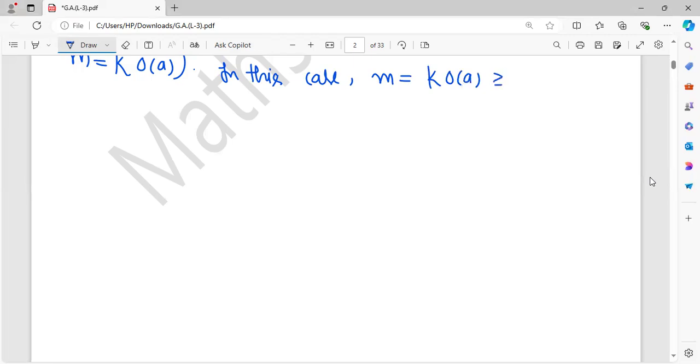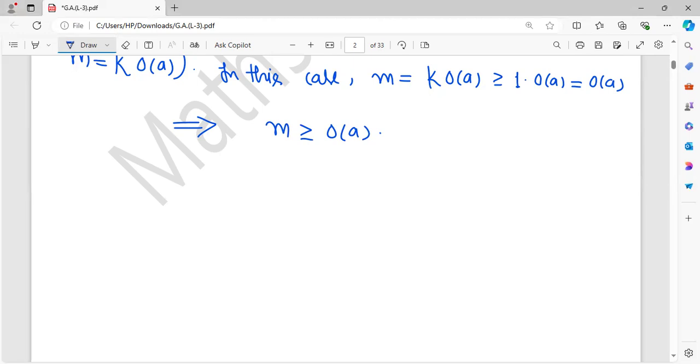But k is at least 1, because k belongs to the natural numbers. A natural number always starts from 1, so the least natural number is 1. So if I put 1 in place of k, this will be less than or equal to m. So this implies m is always greater than or equal to order of a.